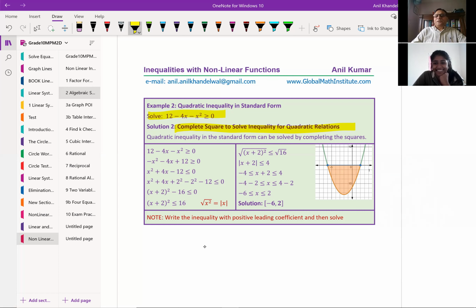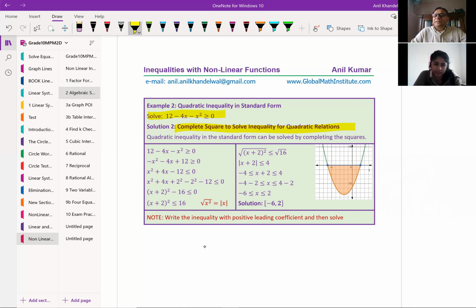For the purpose of the video, I've taken a very simple example, but definitely it is far, far from the examination question. We'll get back to examination questions tomorrow. Remember, my standard equation will not be easily factorable.